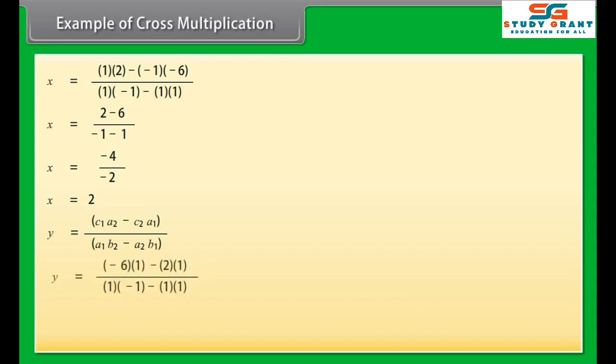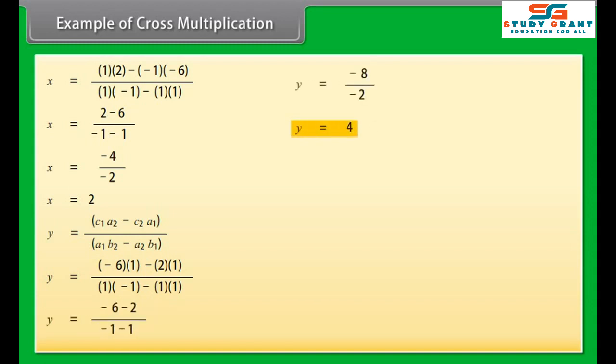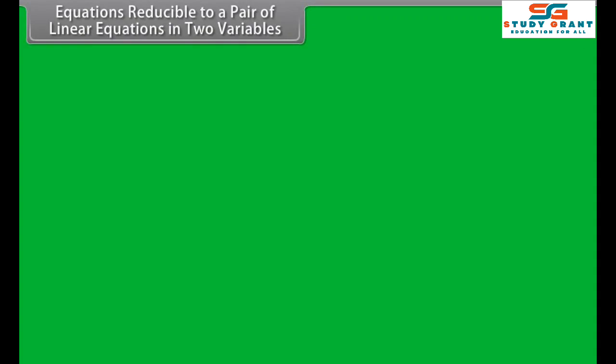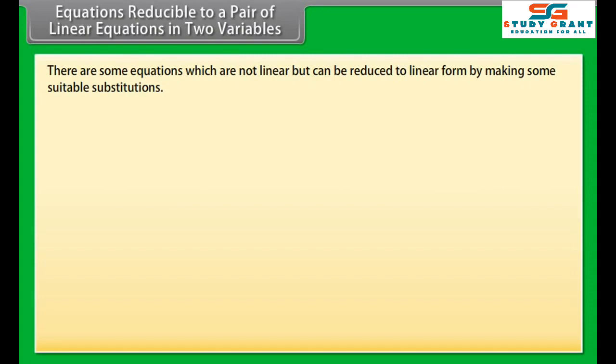Solution x, y is given by x is equal to b1 c2 minus b2 c1 upon a1 b2 minus a2 b1. Now by substituting the values we get x is equal to 1 into 2 minus minus 1 into minus 6 upon 1 into minus 1 minus 1 into 1.